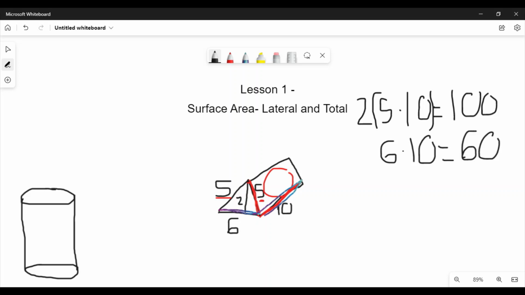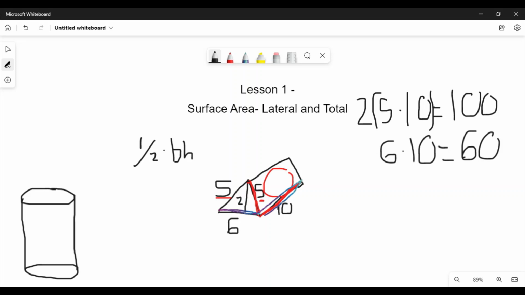And now you have to find the base of the triangle. The formula to find the area of a triangle is 1/2 times BH. But since there's 2 of the same triangle, you're going to divide that by 2 and multiply it by 2 again.